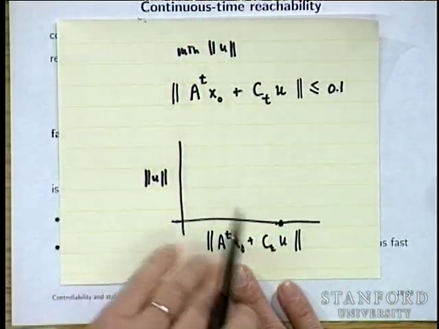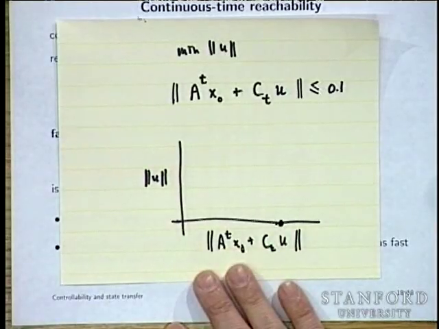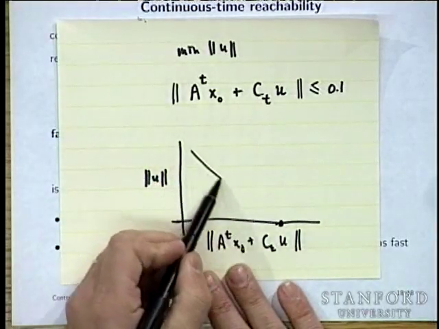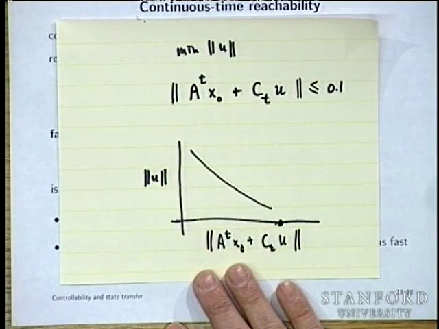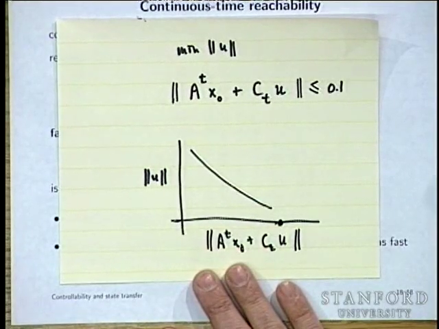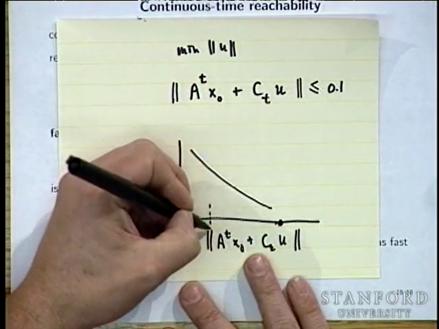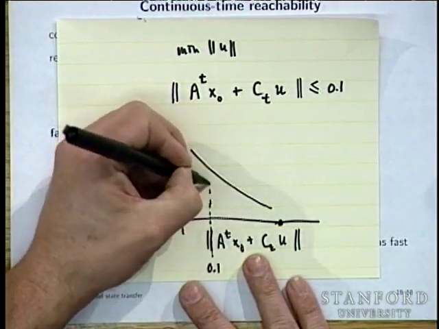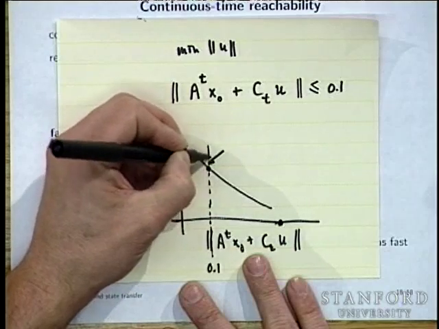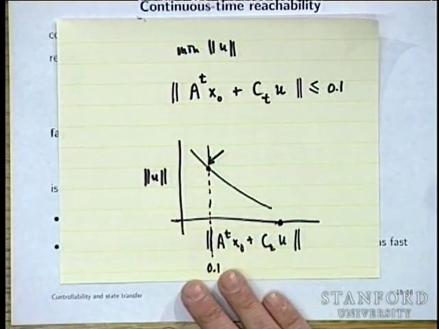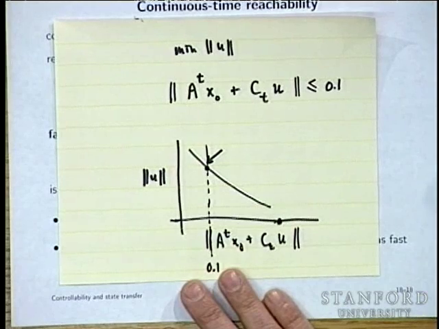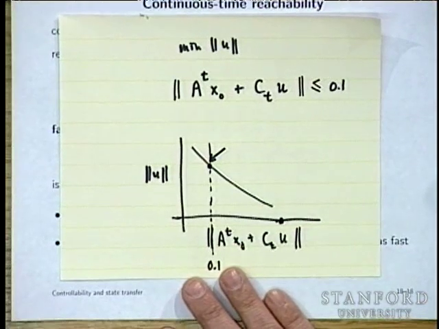Anyway, I've already said enough. Now what happens is you make the trade-off curve here, and then on this plot, I find the point here, which is 0.1, and I go up here, and I'm looking for that point, and that'll solve it. Are you convinced? Okay.